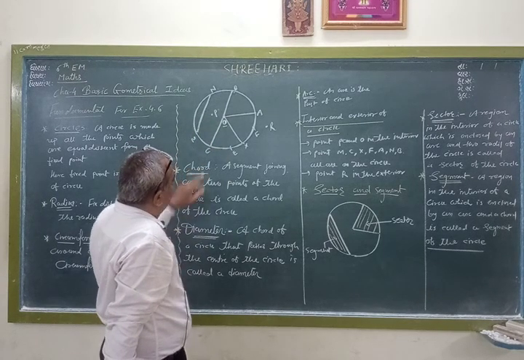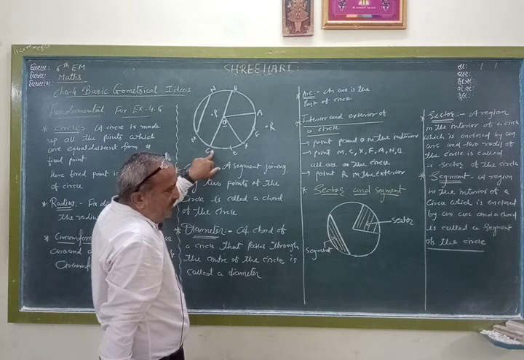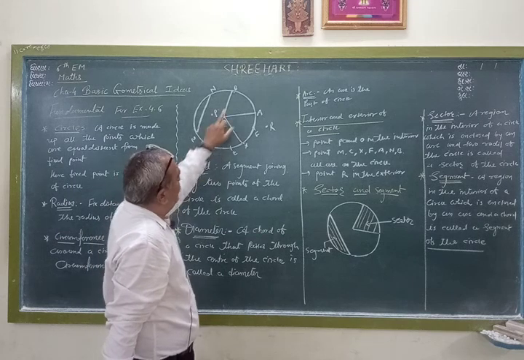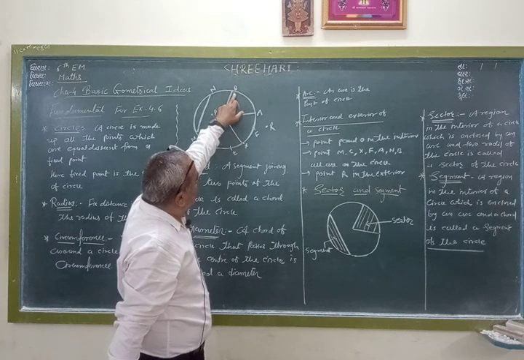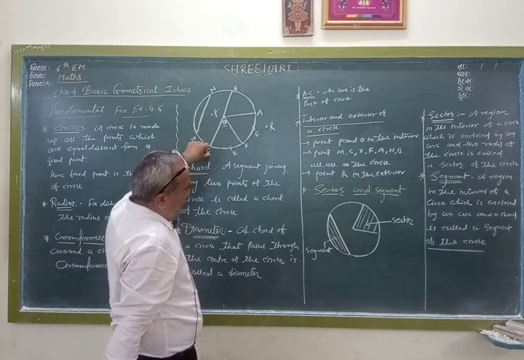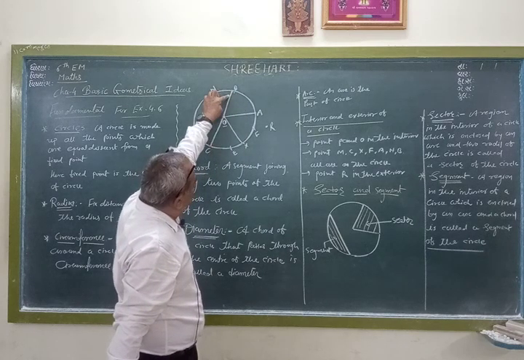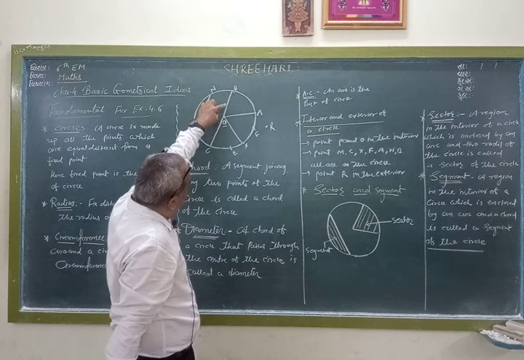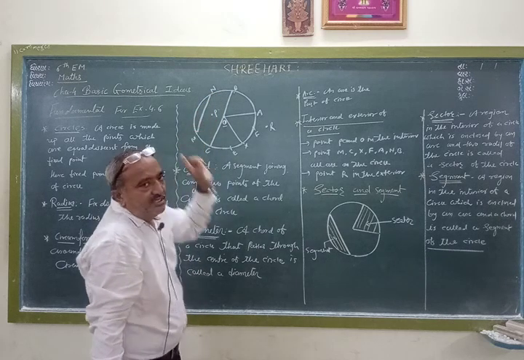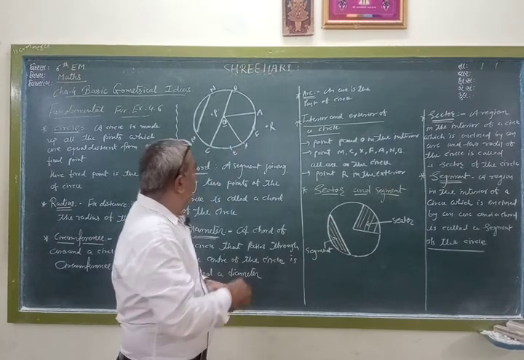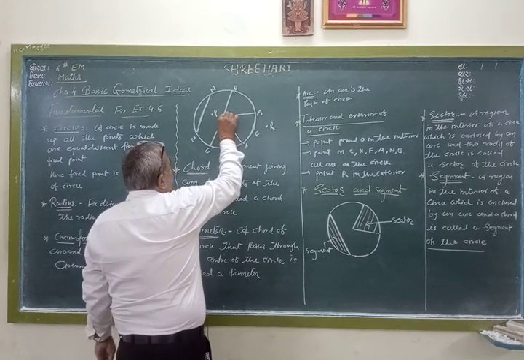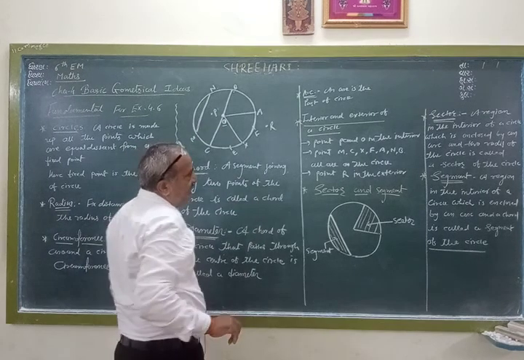Like this, C is on the circle and point B is also on the circle. If I join point B and C, then it becomes line segment BC. BC is also a chord of the circle, but this chord is passing through the center.